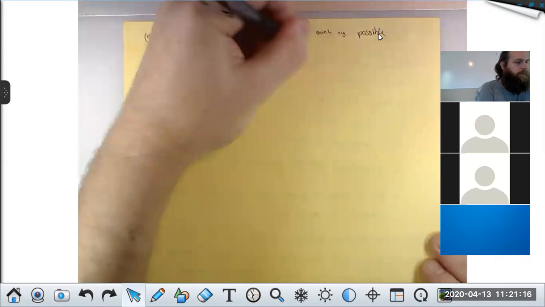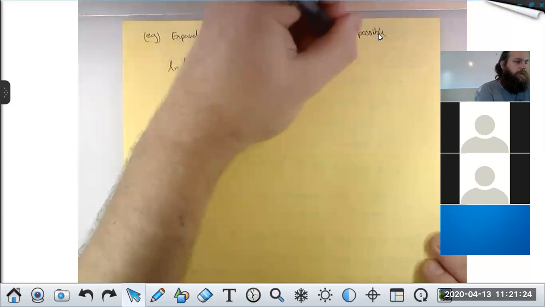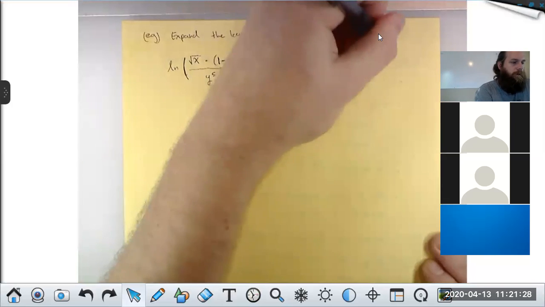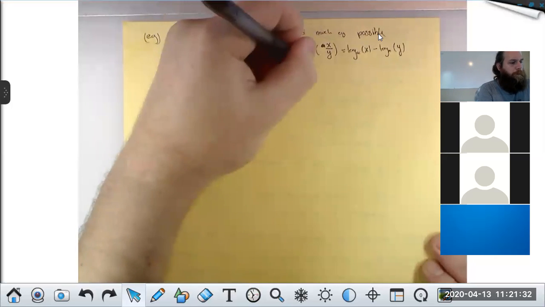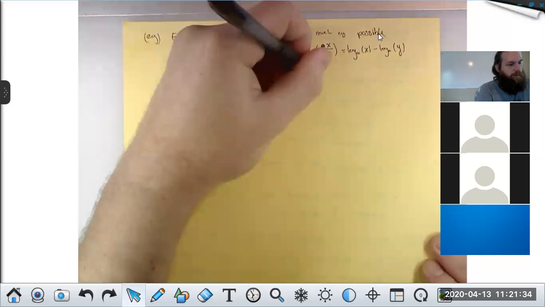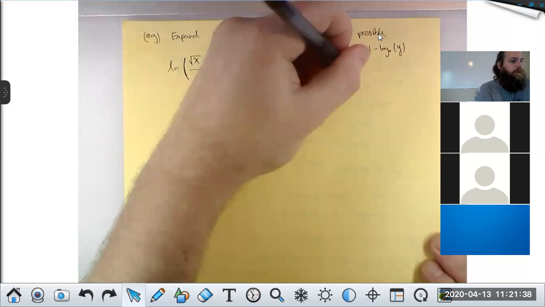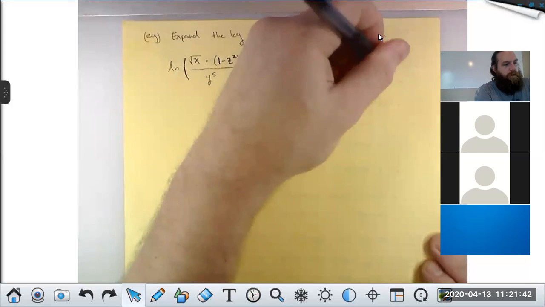Remember, those properties say that the log, no matter the base, of a ratio, say like x over y, is the log base a of the top minus the log base a of the bottom. We have a property that says the log base a of x raised to the y is the same as y times the log base a of x.